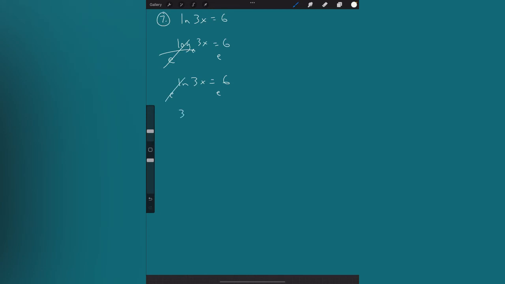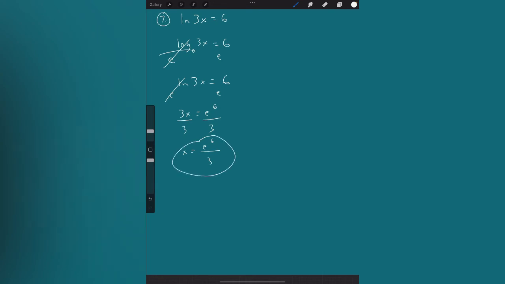That leaves me with 3x equals e to the 6th power. Then if I divide by 3 on each side, I get x equals e to the 6 over 3.